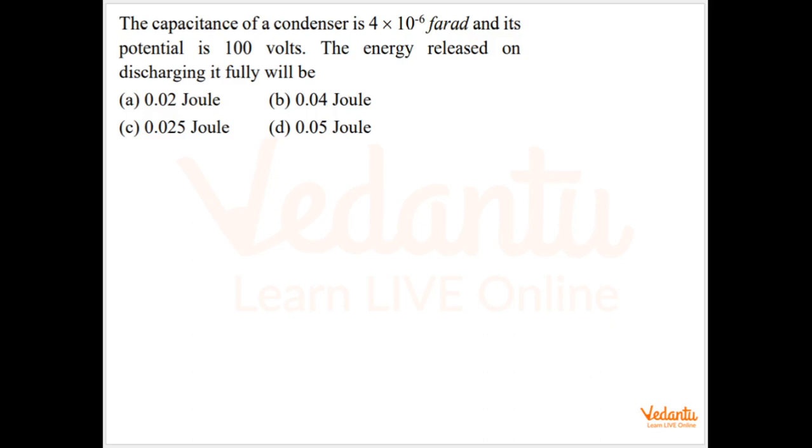In this question, my dear Bachalu, the capacitance is 4 into 10 power minus 6 farad and its potential difference is 100 volts. You have to find out the energy released on fully discharging the capacitor. Now, my dear Bachalu, the released energy will be same as the energy stored. How much energy is stored in the capacitor right now?